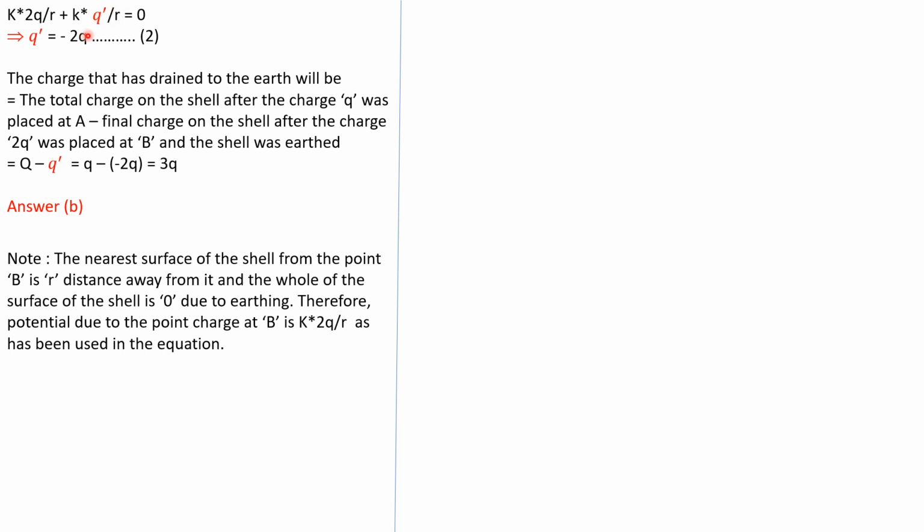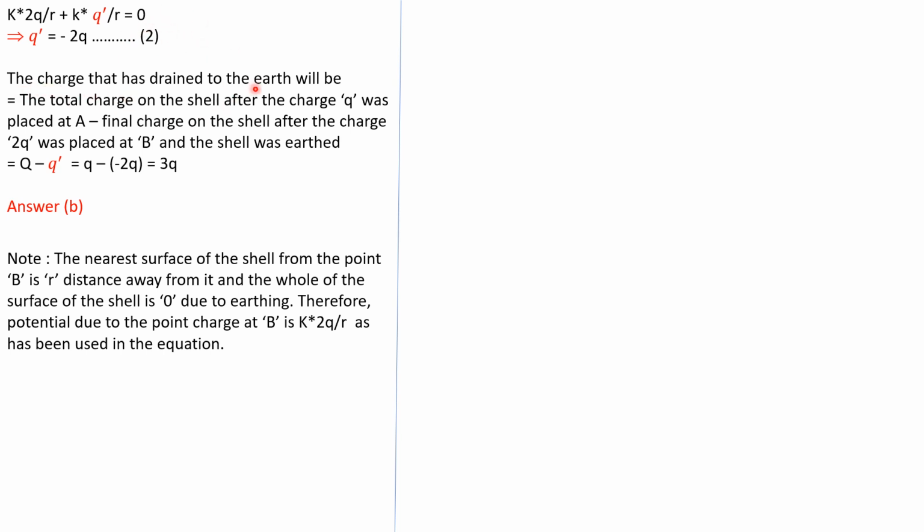So k into q prime divided by r will be the potential due to q prime, and that will be equal to 0. So q prime will be equal to minus 2q. This is equation number 2.